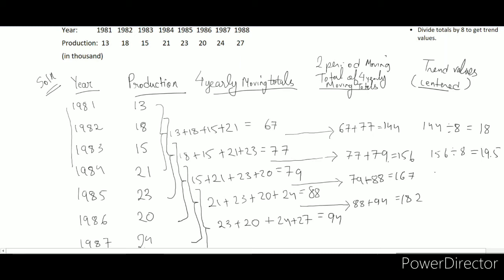Then the next total, divide by 8, we get 20.88 approximately, and 182 divided by 8, about 22.75.